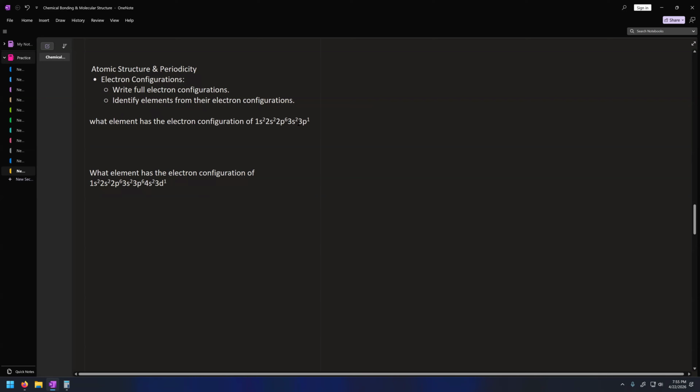Easier way to do it: that 3 for p electrons specifically means third row of the periodic table. That's always the case for the s and the p electrons. The exceptions are for d electrons, they start 1 row less, and for the f electrons, it is 2 rows less.